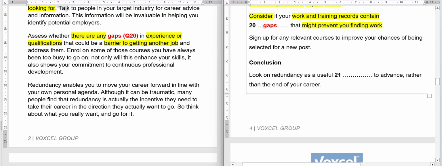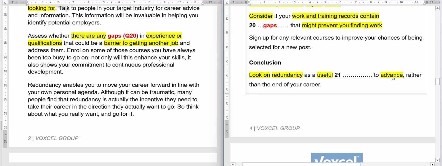Moving forward to the 21st question, conclusion. Look on redundancy as a useful something to advance rather than the end of your career. So you have to look on this particular thing. So you have to consider redundancy as a useful something, like a useful tool, a useful thing to advance.